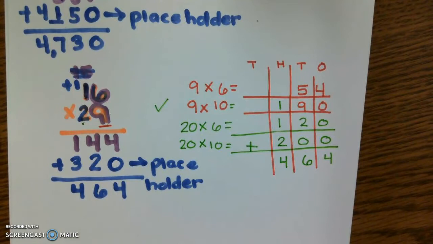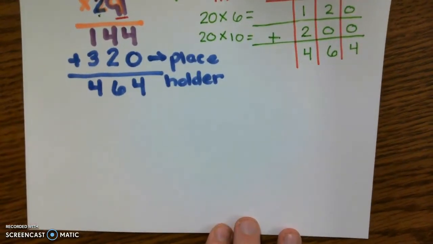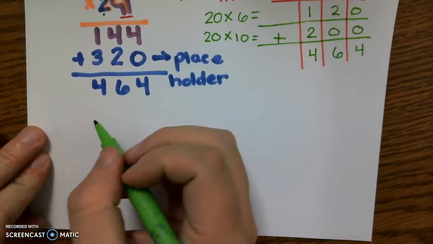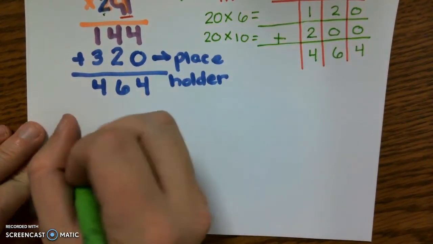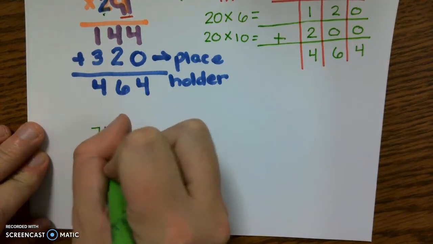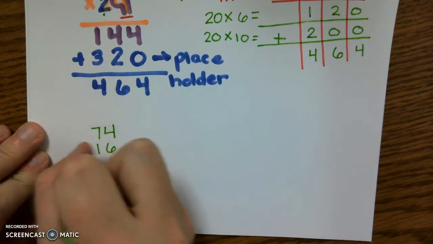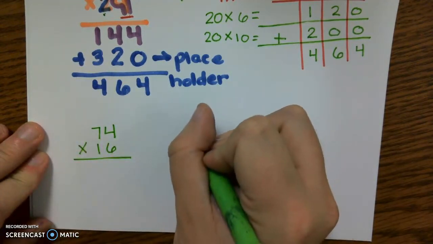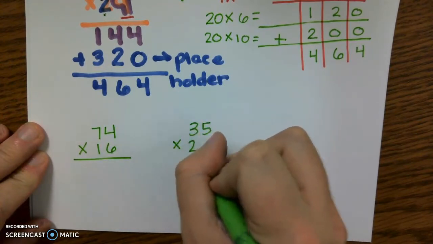All right? So here's some practice problems that you can try. And this is a good time to pause the video, and then I will solve them so you will have the correct answer. But say you have 74 times 16, and 35 times 24.